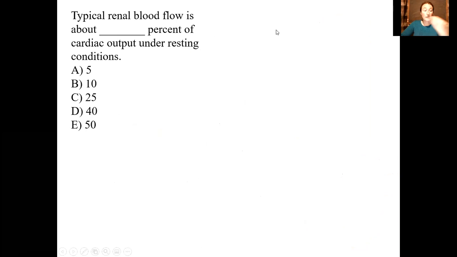Let's quickly do a poll to see what we know so far. A typical renal blood flow is about what percentage of cardiac output under resting conditions?